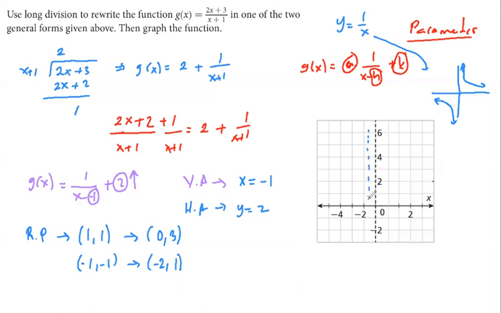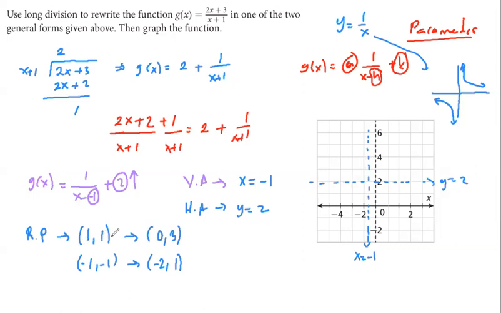So if you draw x equals -1, that's your vertical asymptote. And then the horizontal asymptote is going to be y equals 2. So 2 is right here, so it will be this line. The line y equals 2 is your horizontal asymptote.